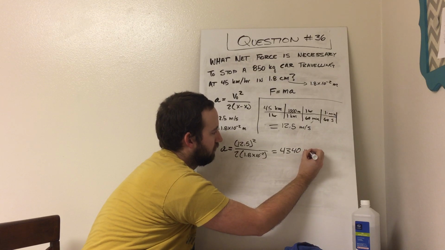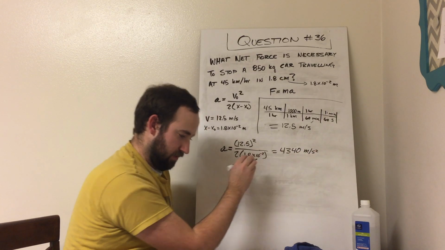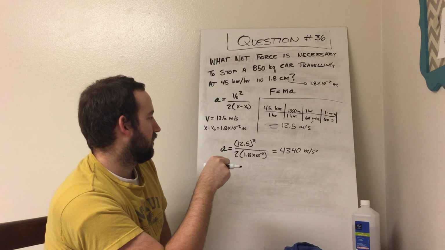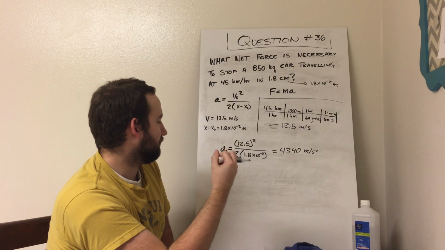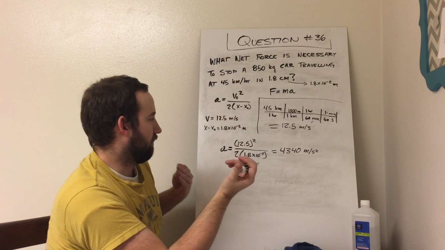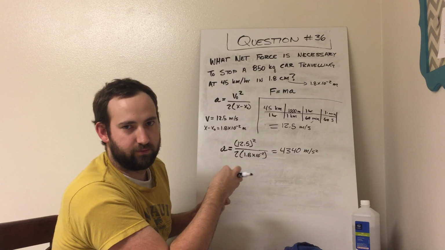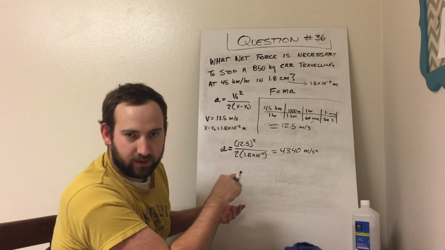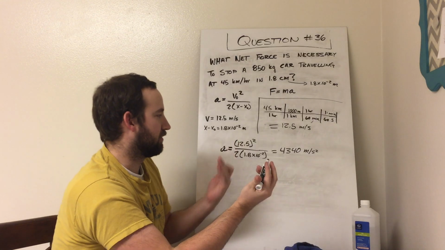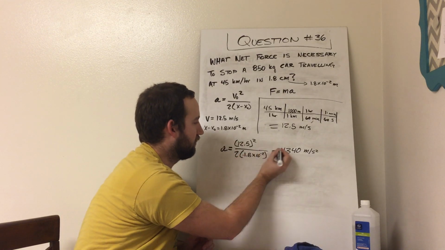4,340 meters per second squared. And of course, if you're looking at it as a negative acceleration, since it's in the opposite direction, you could use this as a negative.